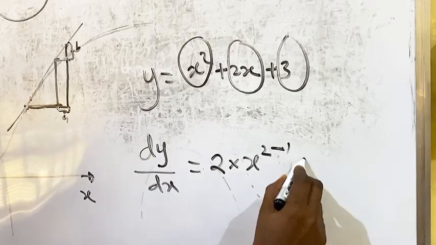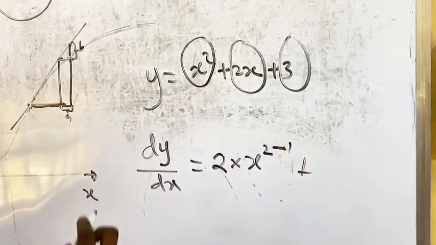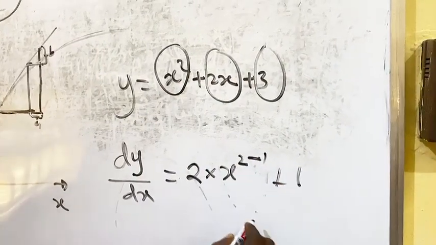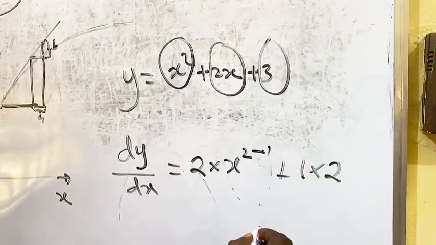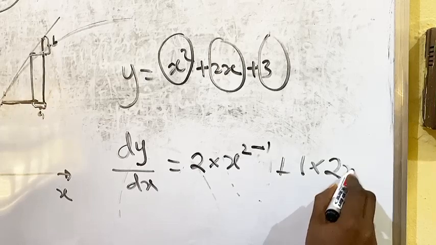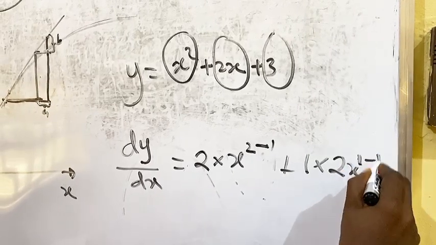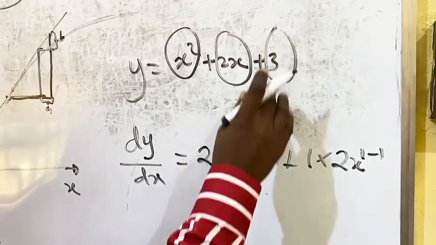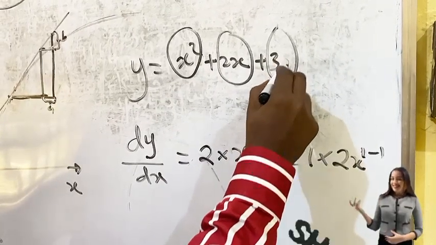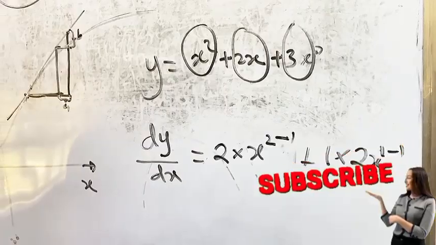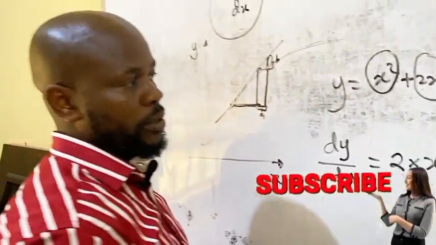The second term, we do the same thing. The highest power of x here is 1. We multiply the term by that 1, and we put this term again, and we say 1 minus 1. For the last term here, which is 3, the power of x here, of course, is 0, because in indices, anything raised to power 0 is 1.